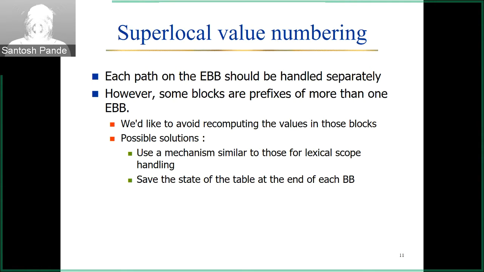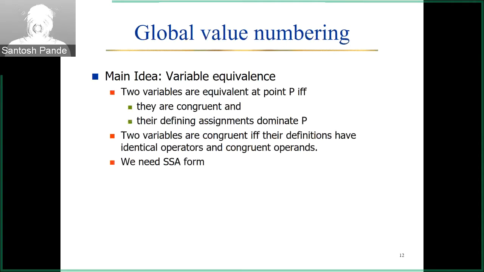It starts at the top level basic block, the root of this EBB, and it continues through this and then goes down to one of the nodes, uses the value numbering context, the table, for doing the value numbering, and then repeats that for the other using the original context.